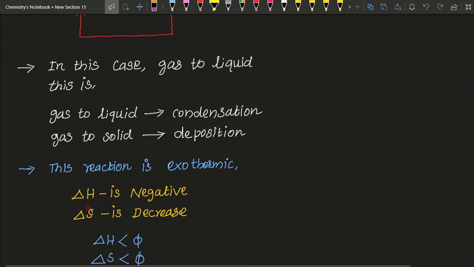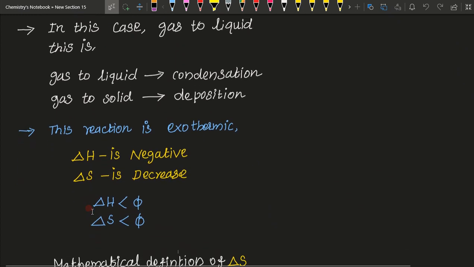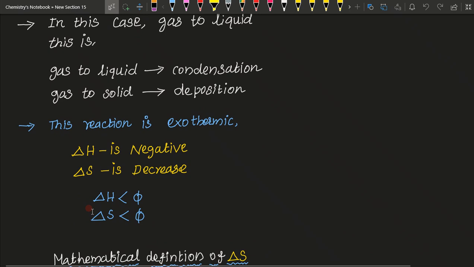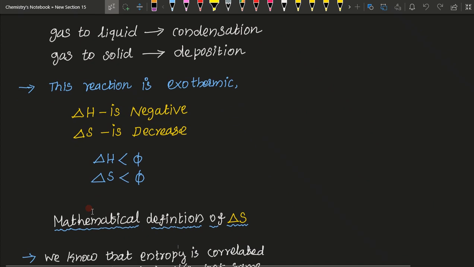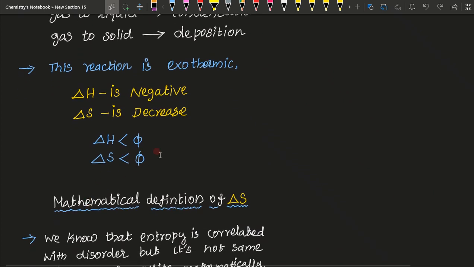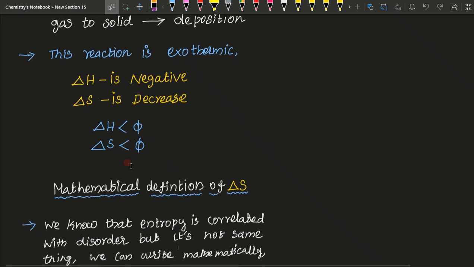The reaction is exothermic. Delta H is negative, delta S decreases. If delta H is negative, delta S is also negative.